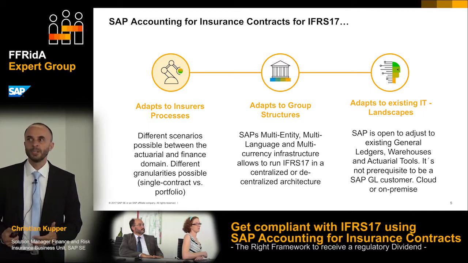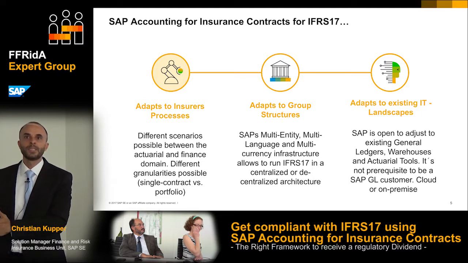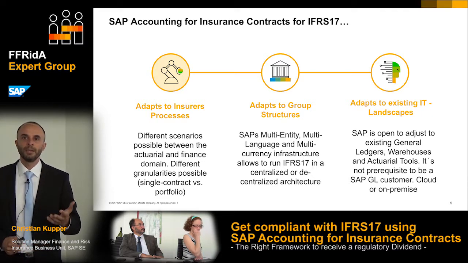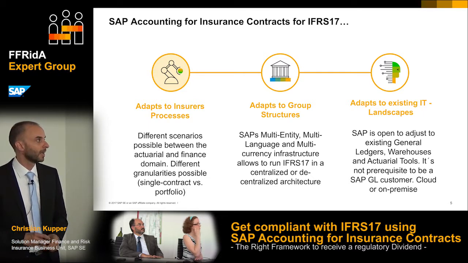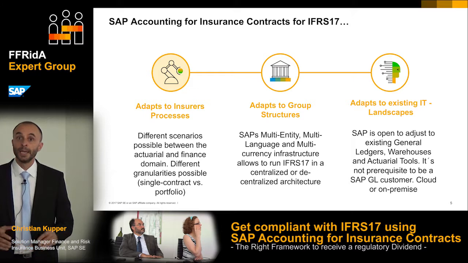So I mentioned it already, the existing legacy systems, but many of the clients have done something already for Solvency. So they're saying, we have a central data warehouse which we built for Solvency. Can this be used to feed Insurance Analyzer for accounting purposes? Yes, it can.